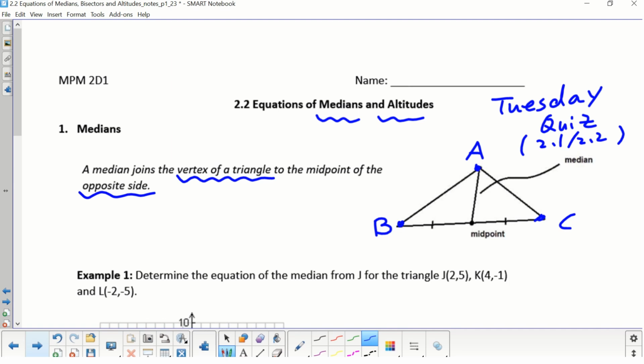So if they say a median from point A, median from vertex A, it means from this vertex, one of the endpoints of the triangle, to the opposite side's midpoint. So it means you need to find the midpoint, then use these 2 points to find the equation of a line.